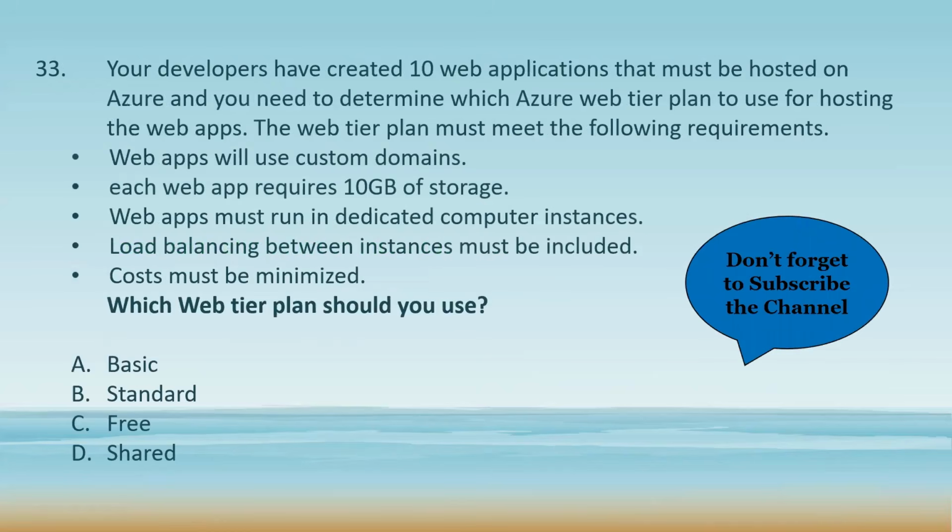Question number 33. Your developers have created 10 web applications that must be hosted on Azure, and you need to determine which Azure web tier plan to use for hosting the web apps. The web tier plan must meet the following requirements. The requirements mentioned are: web apps will use custom domains.